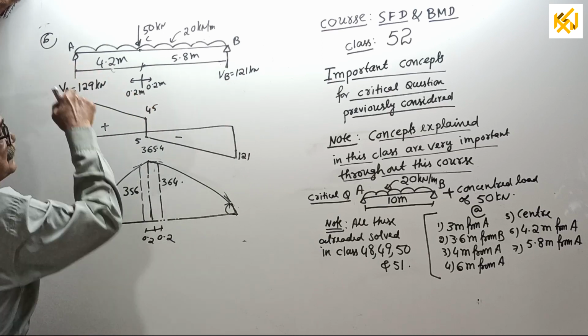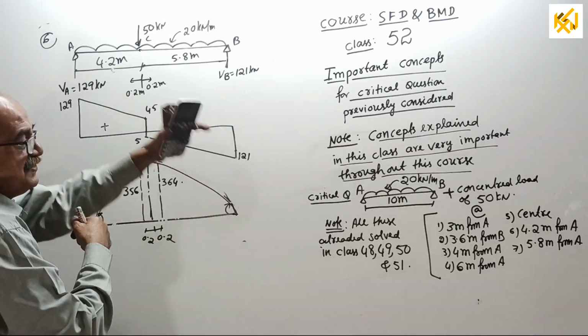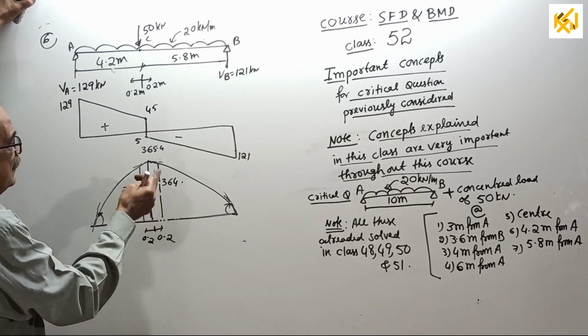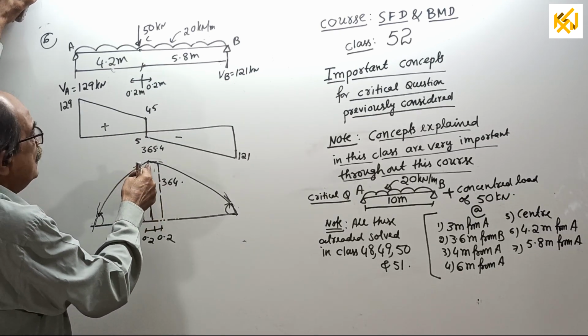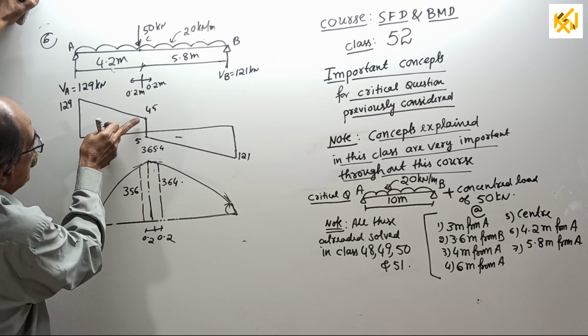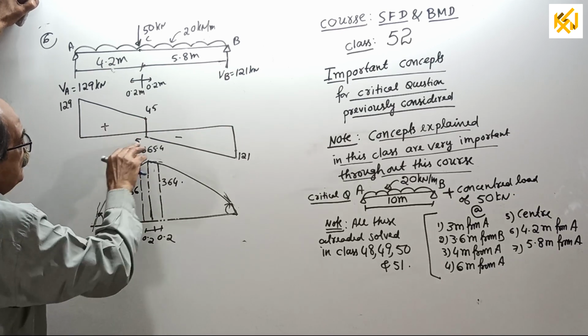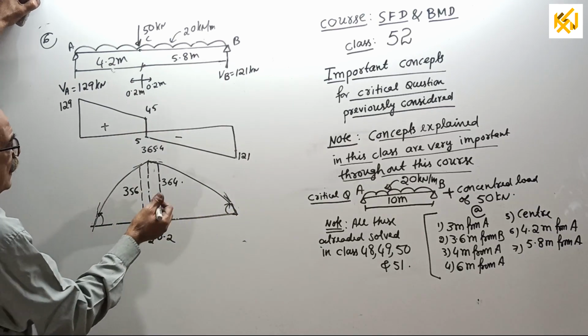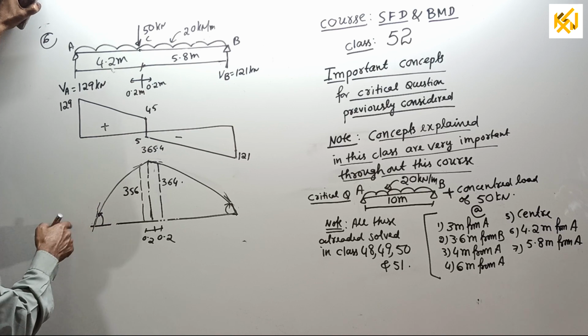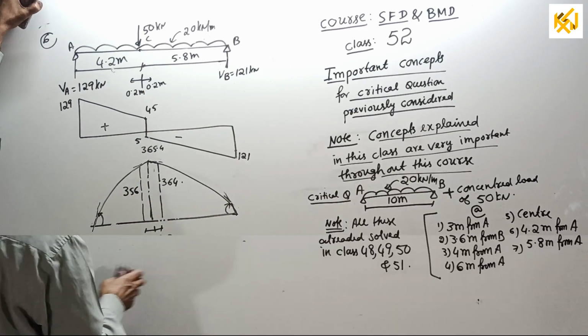In example 7, reverse will take place. This will come 364, that will come 356. At the center, this point will come the same, 365.4. This side shear force will come 5, that side will come 45. Therefore, here the slope will be lesser, here the slope will be more.